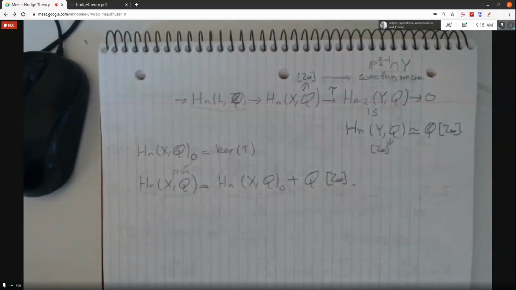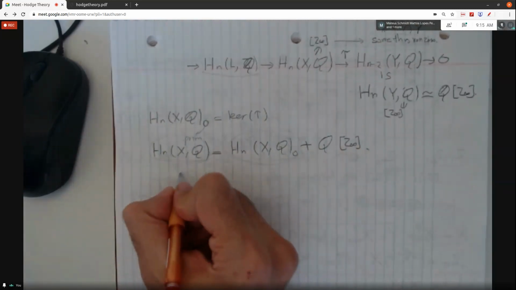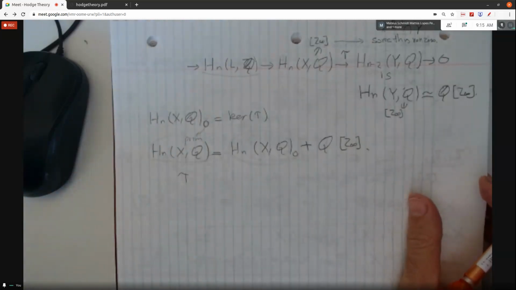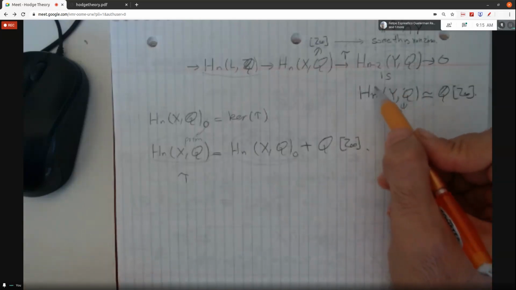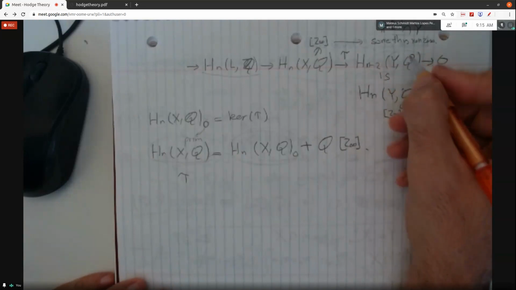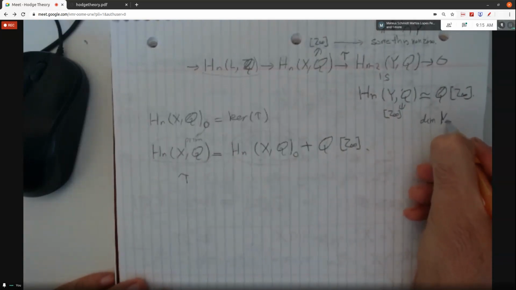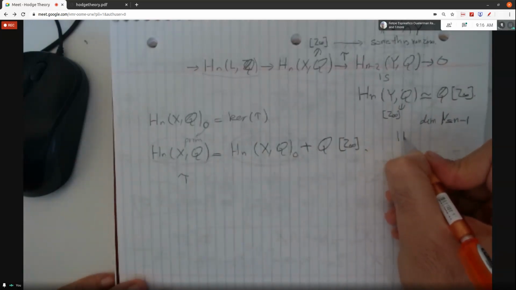And then maybe I have to say something also, which is important. Can you recall why H_{n-2}(Y) is isomorphic to H_n(Y)? This one. The dimension of Y is n minus 1, and remember that there was this hard Lefschetz theorem.